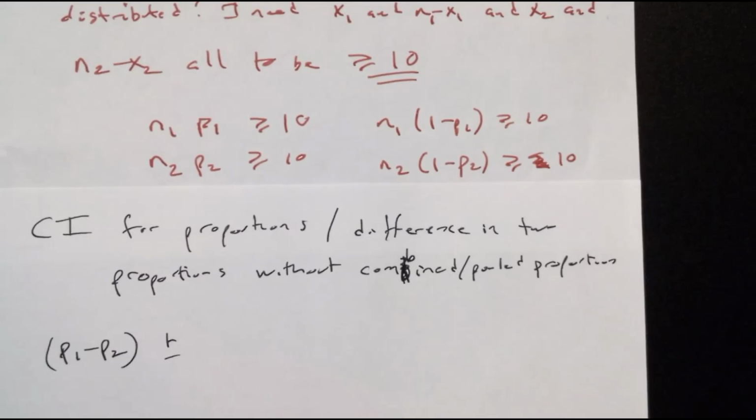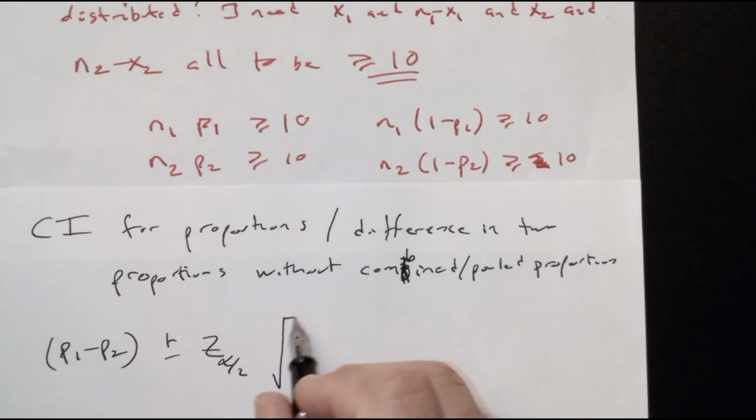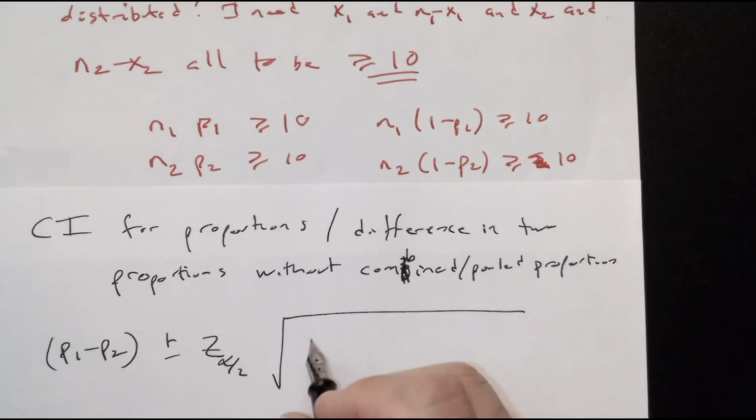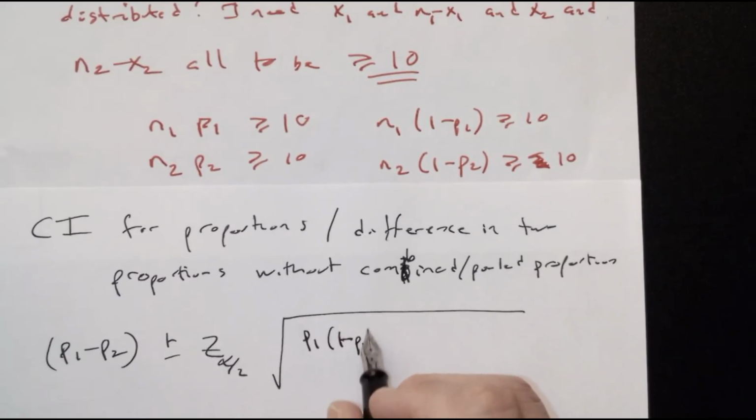Now, this time I'm thinking of a confidence interval, so I'm thinking of two tails. Two tails means I'm going to use the z for alpha over 2 instead of the z for alpha. And then I need my standard error. For a proportion, the standard error is you take the proportion, multiply it by 1 minus the proportion, and divide by the number of things in that group.